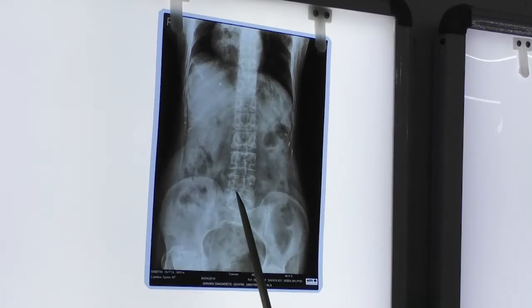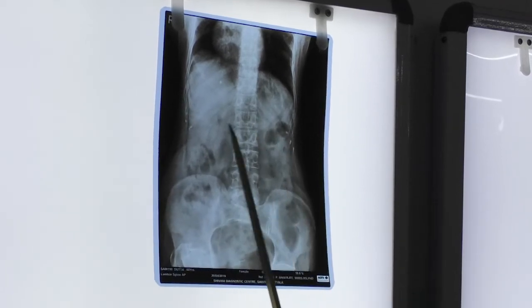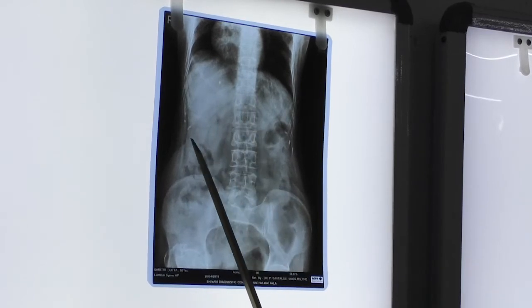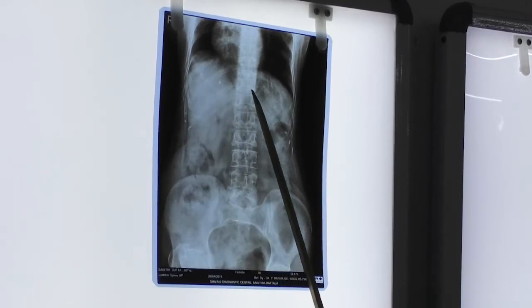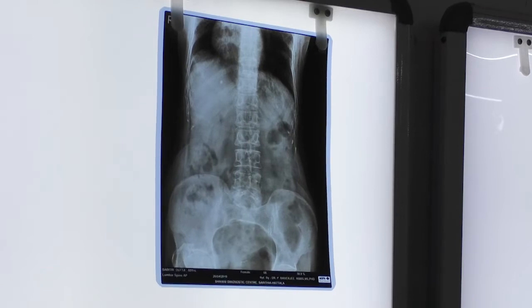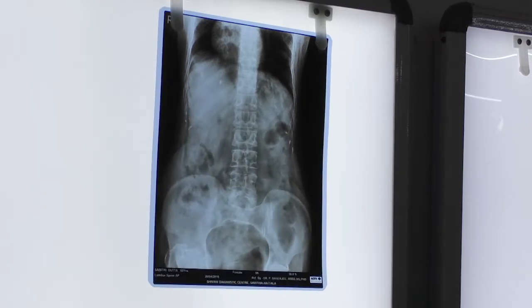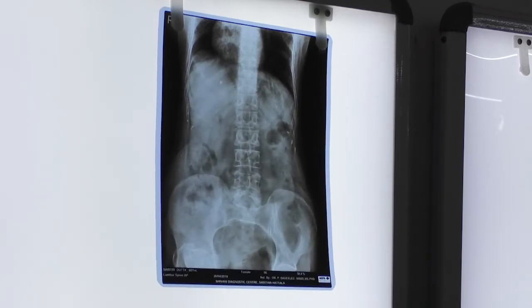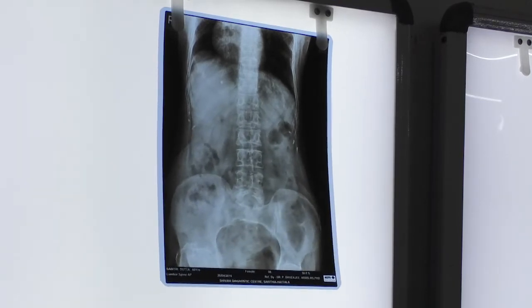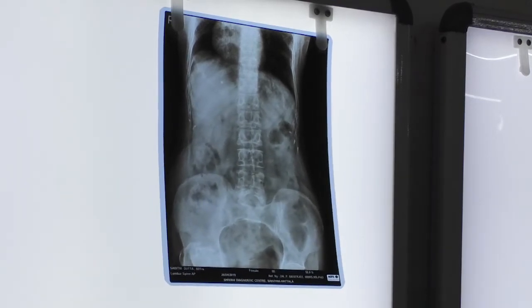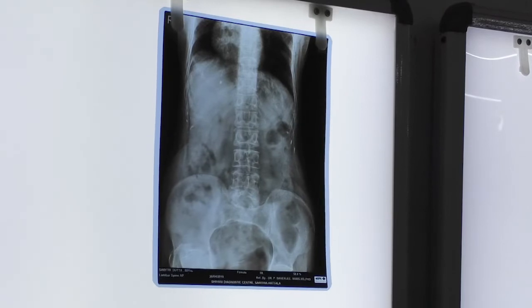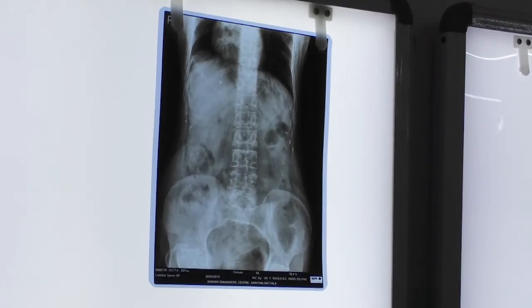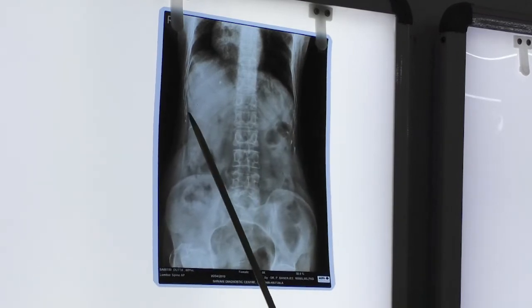If we look carefully, we can see the 12th vertebra.